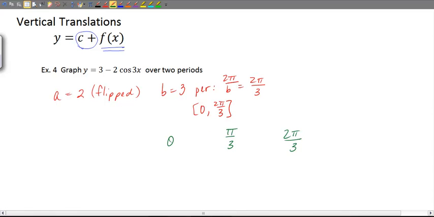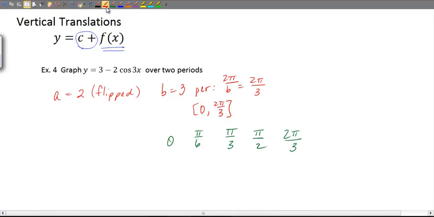Halfway in between 0 and 1/3 is pi over 6. So every time I increment, I'm incrementing by pi over 6. If I add 1/6 to pi over 3, I get the next value, which is pi over 2. And you can find that on your calculator if you didn't know that already.